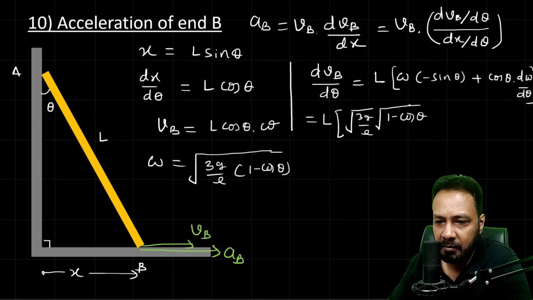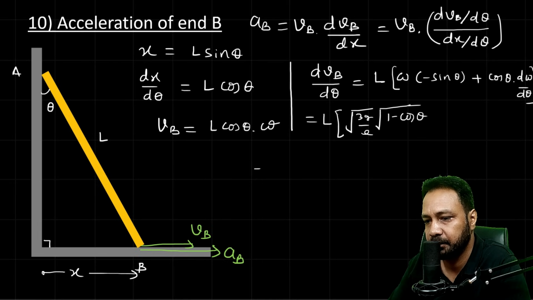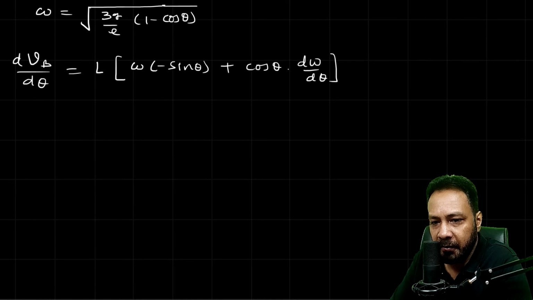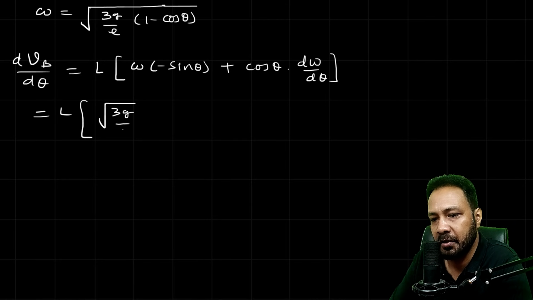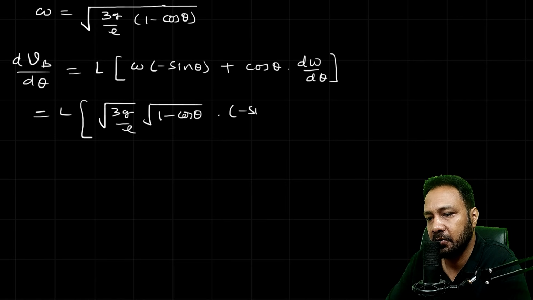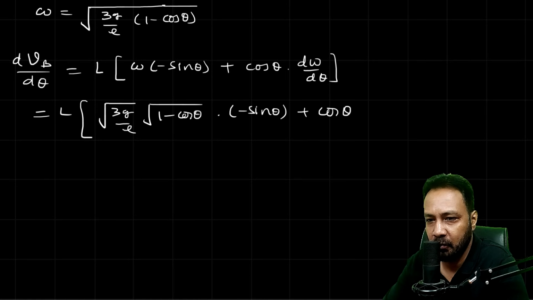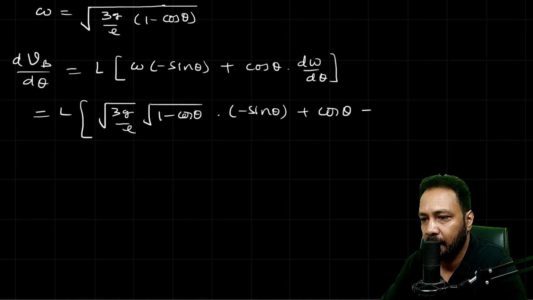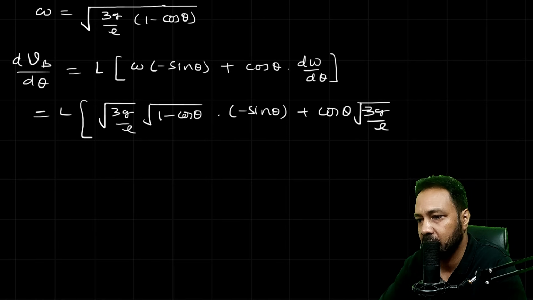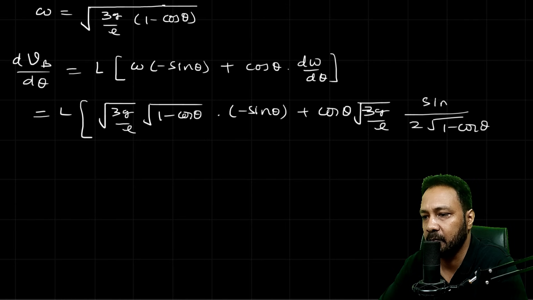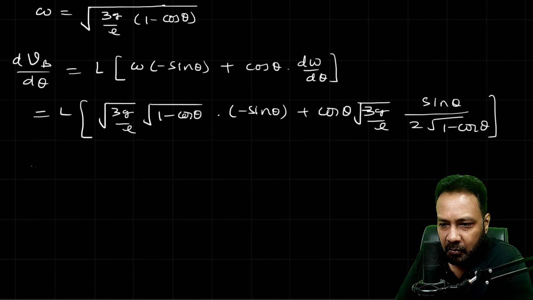I can take it to the next page, that would be better. Alright, so put the value of omega here, that is L. Putting the value of omega, square root of 3G by L into square root of 1 minus cos theta, and minus sin theta is outside, plus cos theta differentiated with respect to theta. So first of all we'll have square root of 3G by L, and that thing will be 1 minus cos theta, and this derivative will become sin theta.